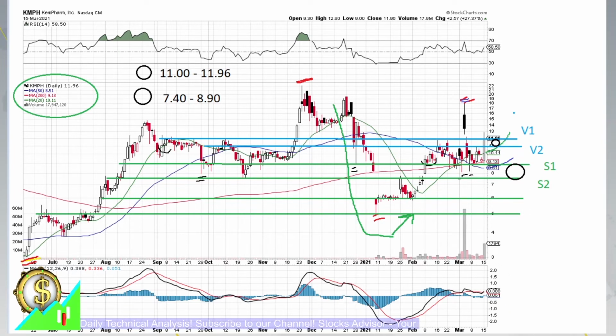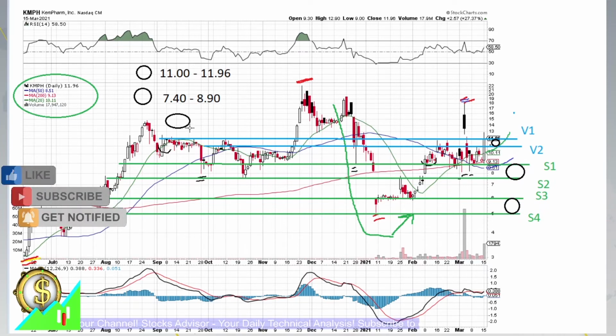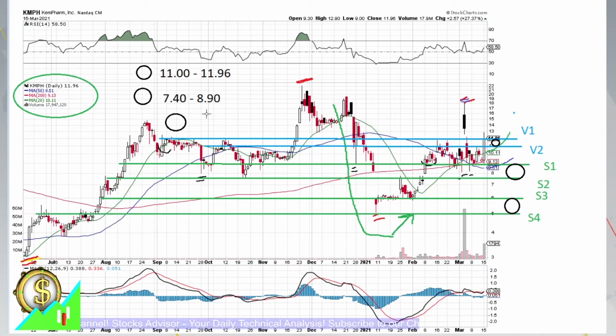So this would be kind of a final stand for this position, which is the S3, S4 level, and quite easily seen, a simple final support in case any negative catalyst kicks in. So let's write it here: between 5 and 6. It's not that we predict it's going there. Some people ask us why we predict the price goes that low. No, it's not a prediction. It's a strategy of mitigating the risks. So it's a risk mitigation approach.